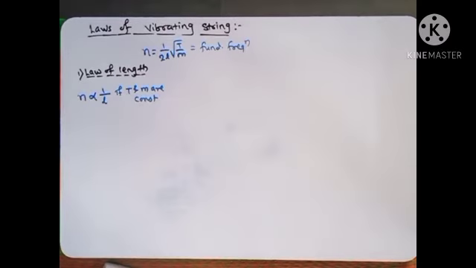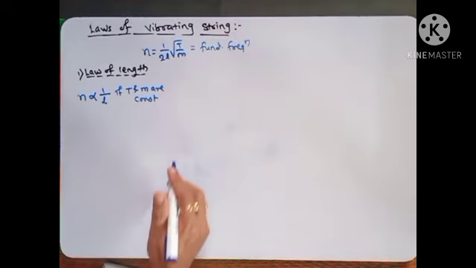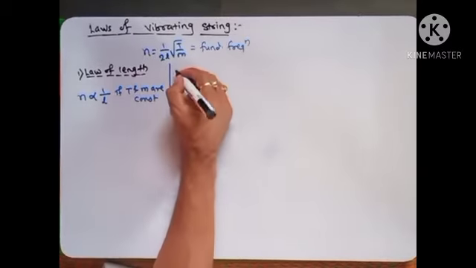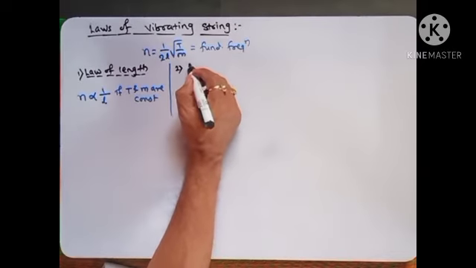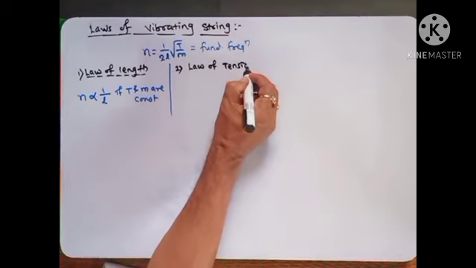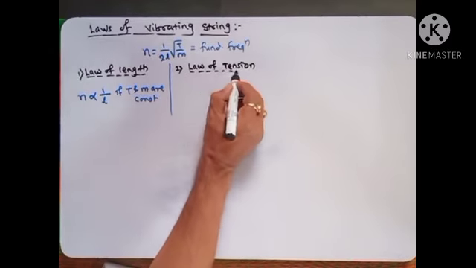That is, frequency of vibration of a string is inversely proportional to vibrating length when tension and mass per unit length are kept constant. Now we consider the next law, the second law, the law of tension.